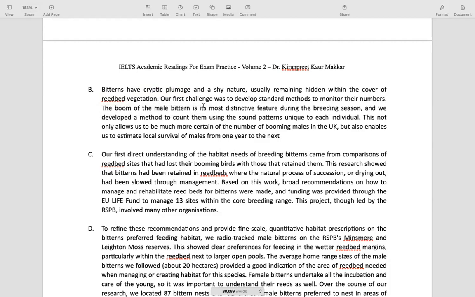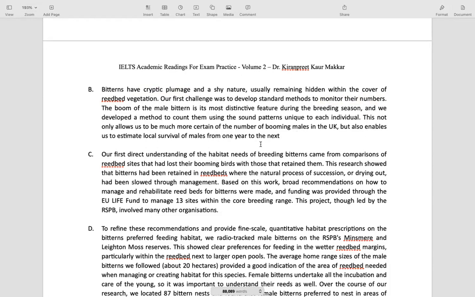Our first challenge was to develop a method to monitor their number. So what's the first challenge for them? To develop a method for measuring their number, not controlling. For calculating their number, probably. Okay.